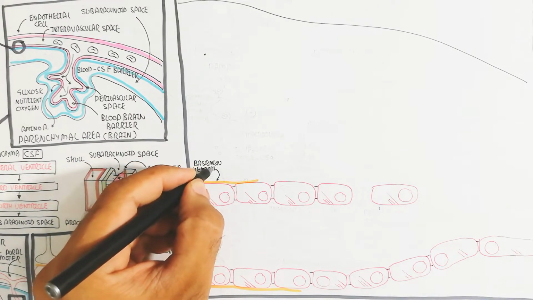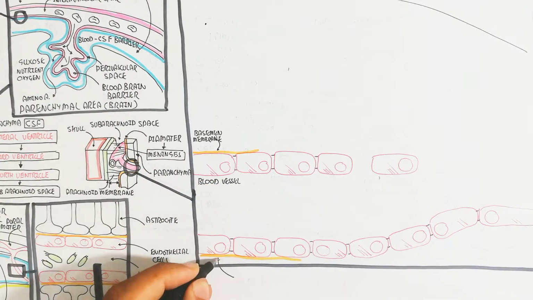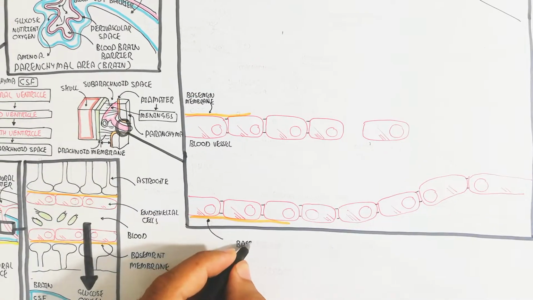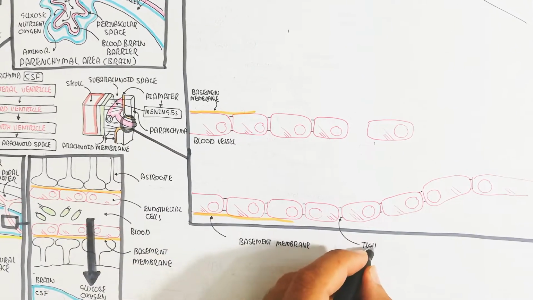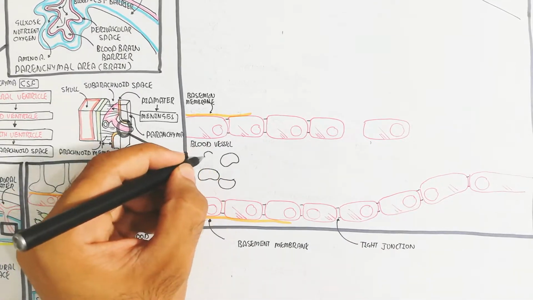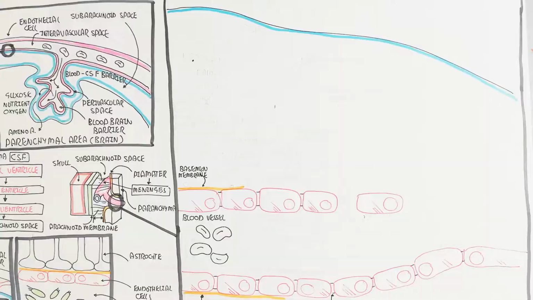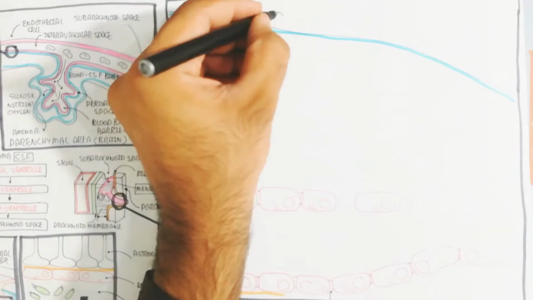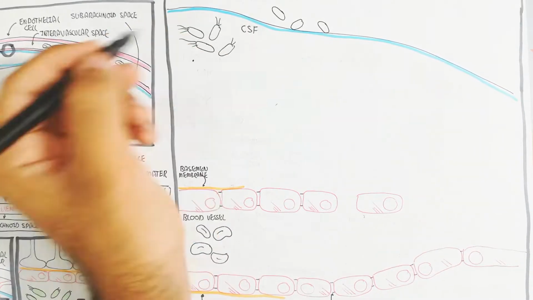So this is the basement membrane, and this is the bigger picture of the subarachnoid space containing a blood vessel. This blood vessel contains a tight junction, which forms the blood-brain barrier. Inside is the blood containing red blood cells and other things, but they will not pass passively into the cerebrospinal fluid.